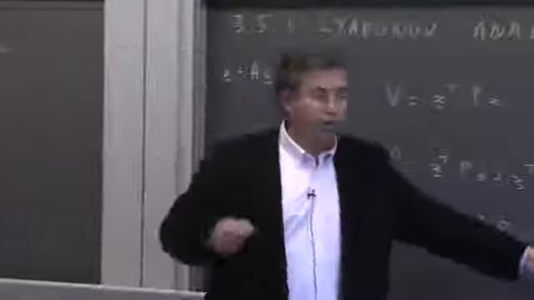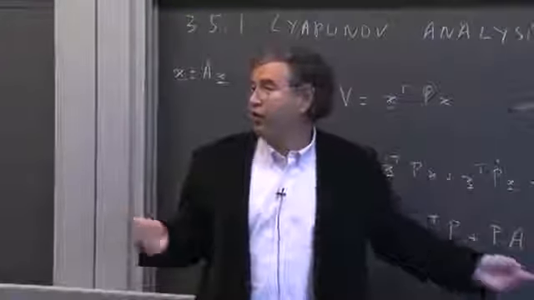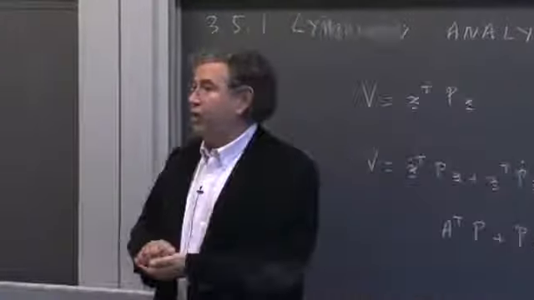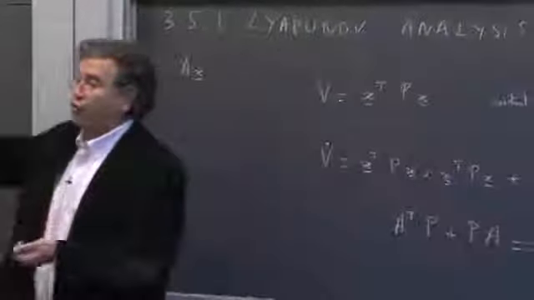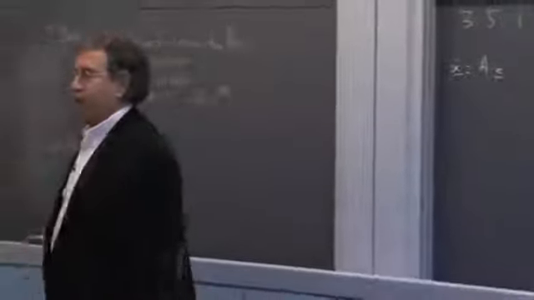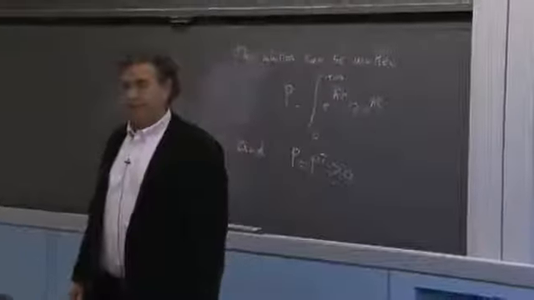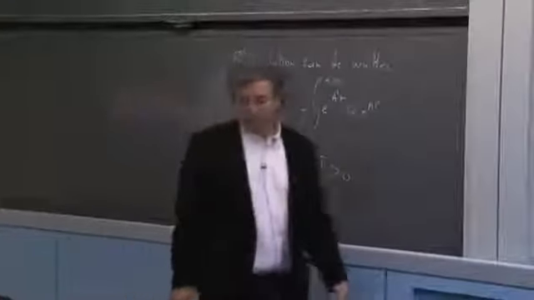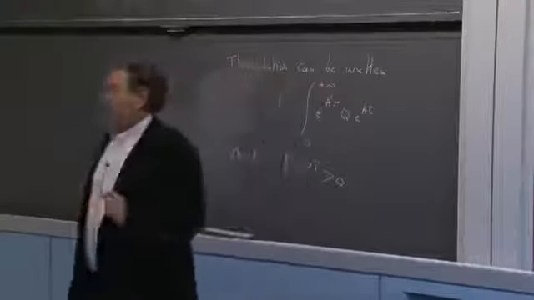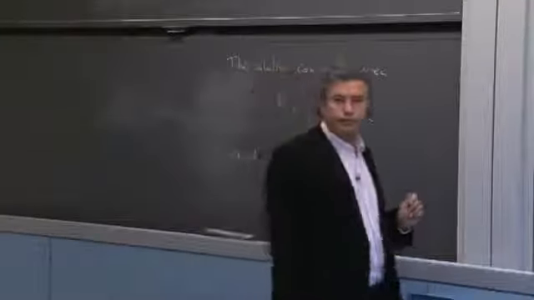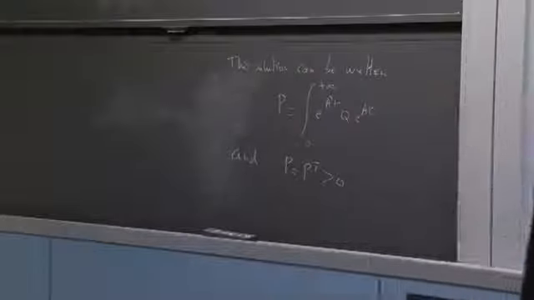In practice, especially if you do a little exercise by hand, you pick Q equal identity and you solve this set of equations, and of course you solve basically only half of them because everything is symmetric. Questions about that? And of course you'll do that in the homework as well.